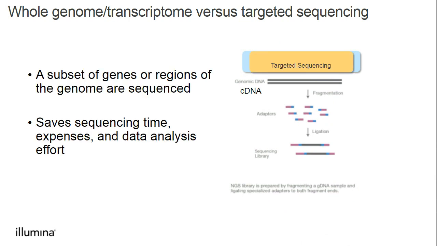In this case, this is a subset of genes or regions that we're interested in, and we either use an amplicon or enrichment approach to target only what we want out of that sample. This approach can save sequencing time, it can save on our expenses, as well as our data analysis effort. So just keep this in mind as we move through the different options.